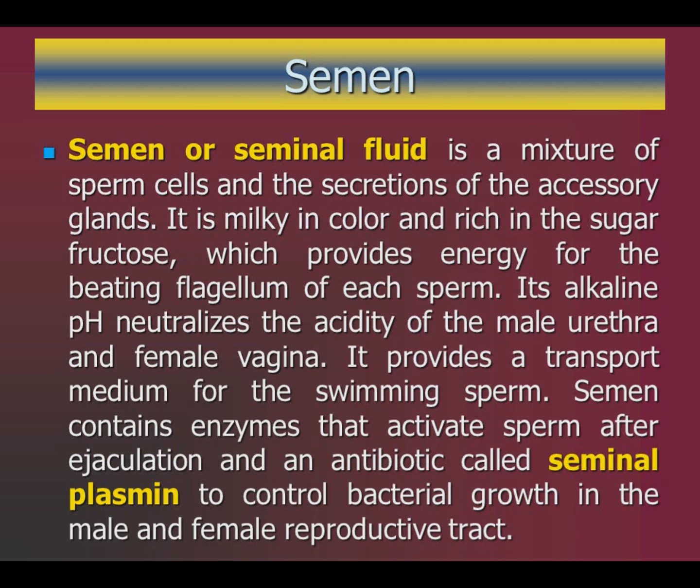The semen also contains an antibiotic called seminalplasmin, which has the capability of destroying certain bacteria. Because the female reproductive tract and the semen contain bacteria, the seminalplasmin helps keep these bacteria under control and thus helps protect the sperm and ensure fertilization.